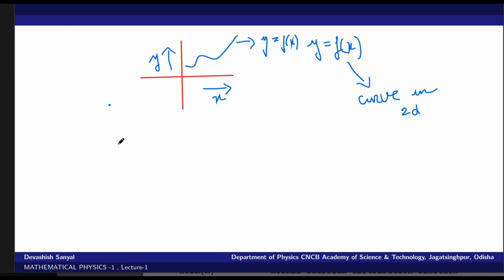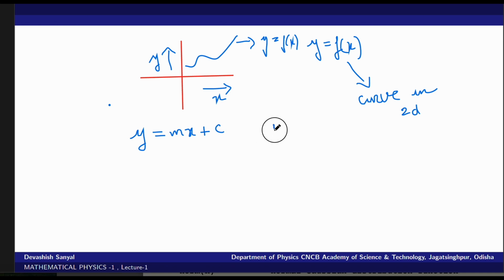You have come across this before as a straight line. For a straight line, what do you write? y is equal to mx plus c, where m is the slope and c is the intercept.